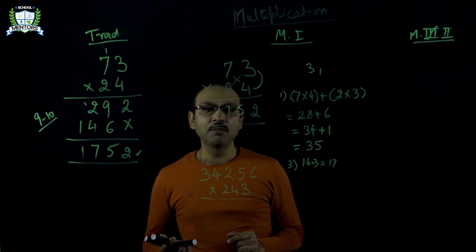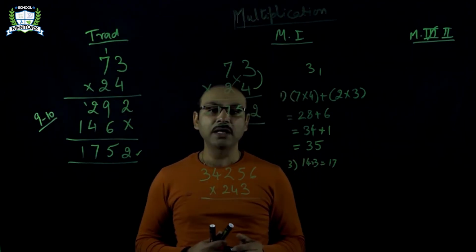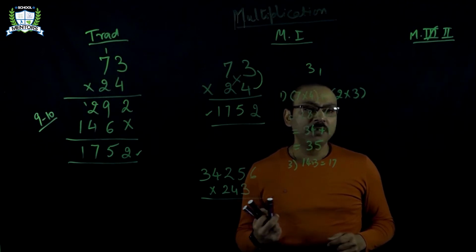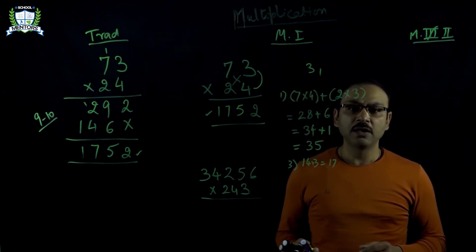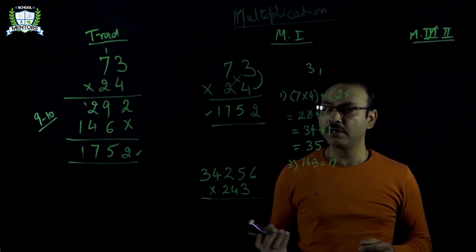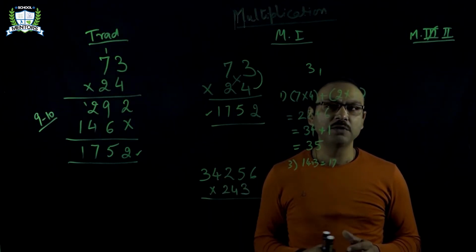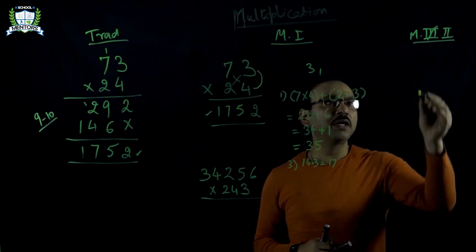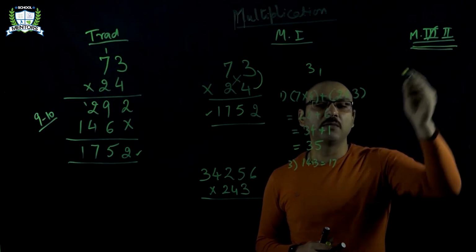So things are going to be a little more difficult when we go on to a bigger calculation. So for competitive examinations, if we look at a third method, that is going to be much easier, and I think that you can do it in half the time which we take for the normal multiplication. So let's go and have a look at the third method of multiplication.